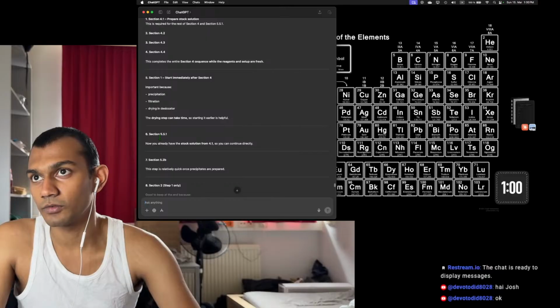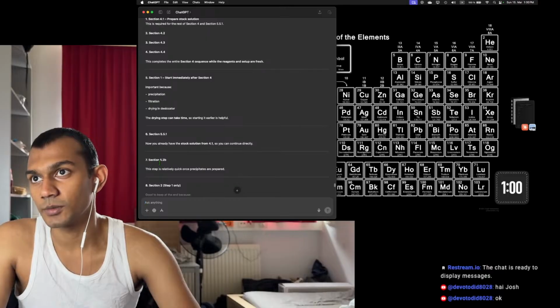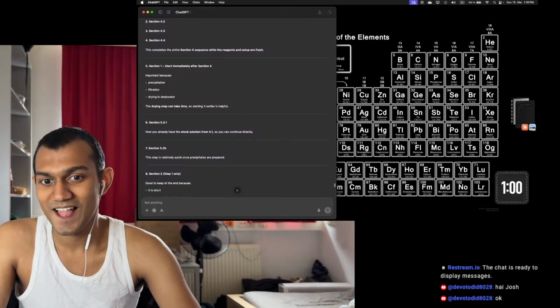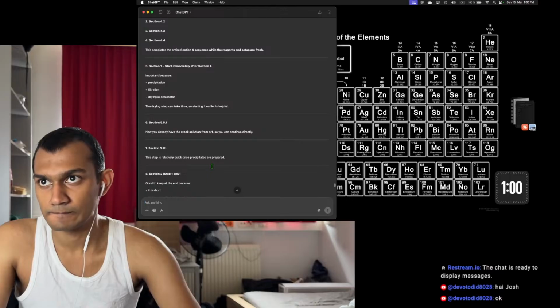Section 5.1: now you have to get the stock solution from 4.1 so you can continue directly. Section 5.2: this step is relatively quick once precipitates are prepared.